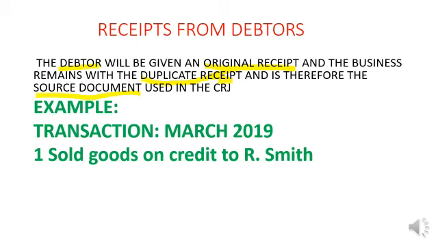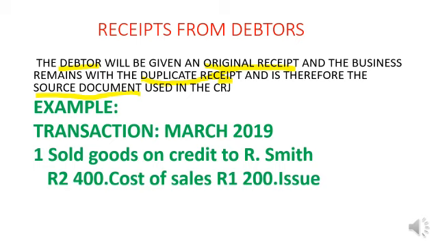So for March, the business, let's just call it Stain Traders, on 1 March, they sold goods on credit to R. Smith, 2,400, and the cost of sales was 1,200, and you issued an invoice of 0.15. So this is the first transaction where goods were sold on credit.